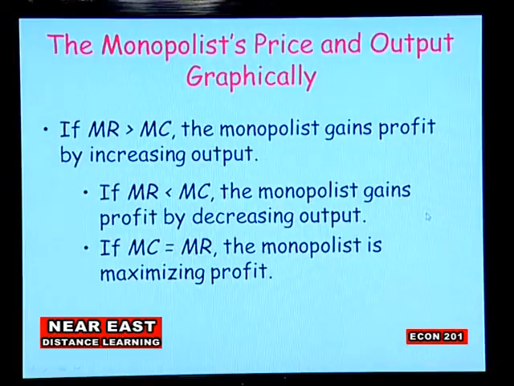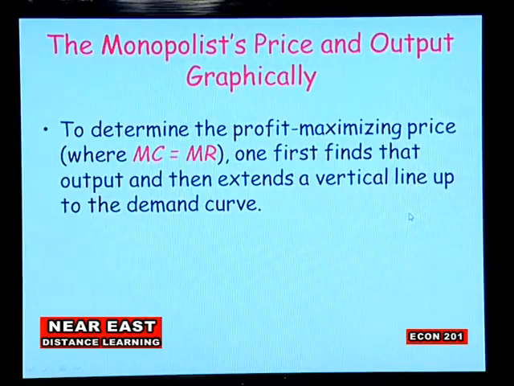So we are going to see an illustration of monopoly. We say the profit is maximized where marginal revenue is equal to marginal cost. If marginal revenue is less than marginal cost, then the monopoly can make more profit by decreasing output, because once he decreases output, he reduces the rate at which he is losing, which implies he is making more profit.